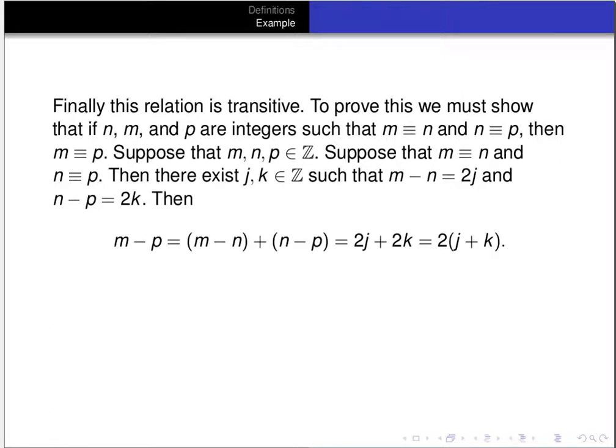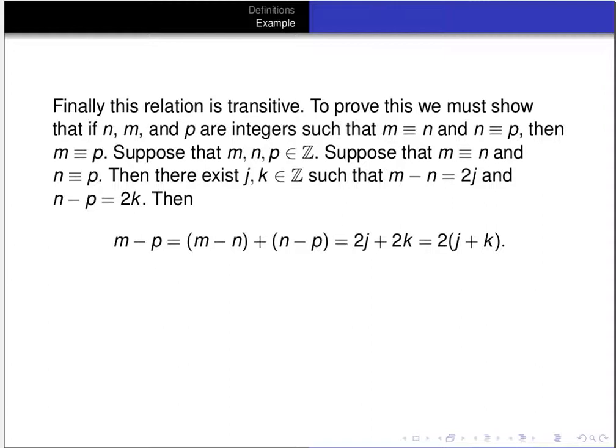So that means, by our two suppositions, that there are integers j and k so that m minus n is 2j, and n minus p is 2k. m minus n has to be even, so it's 2 times some integer, and n minus p has to be even, so it's 2 times some other integer. Then with a little algebra, we can calculate m minus p.